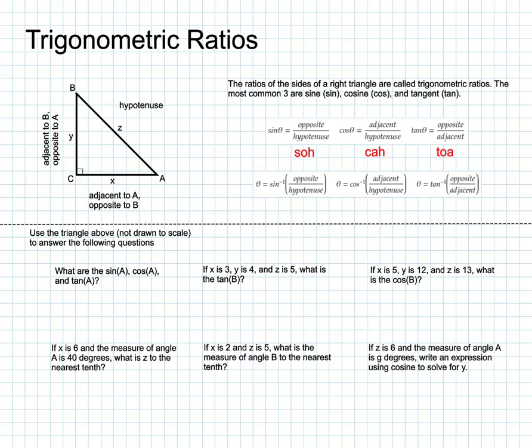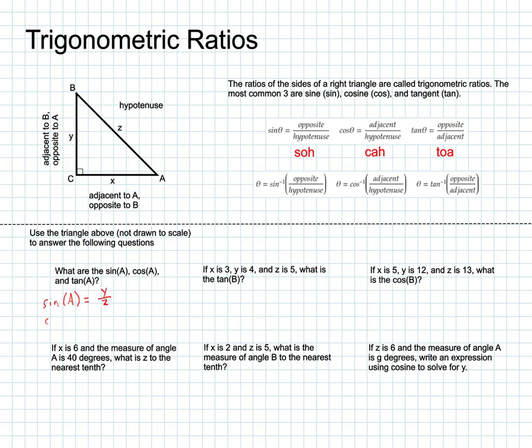What are the sine of A, cosine of A, and tangent of A? So if we think about SOHCAHTOA, we know that the sine of anything is going to be opposite over hypotenuse. So the sine of A is going to be equal to opposite, which is y, over the hypotenuse, which is z.